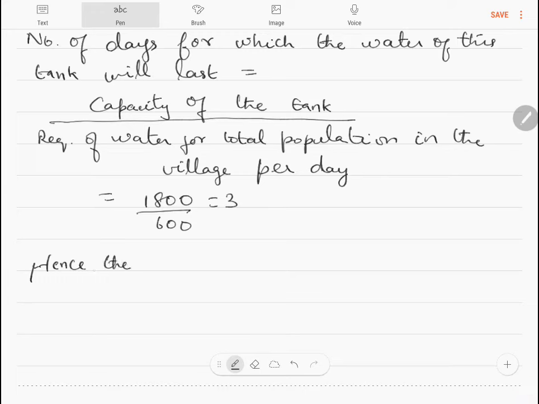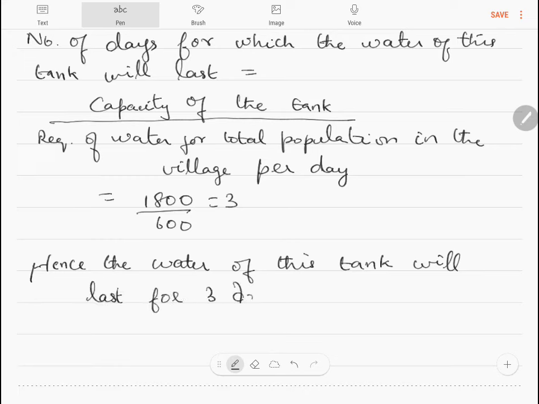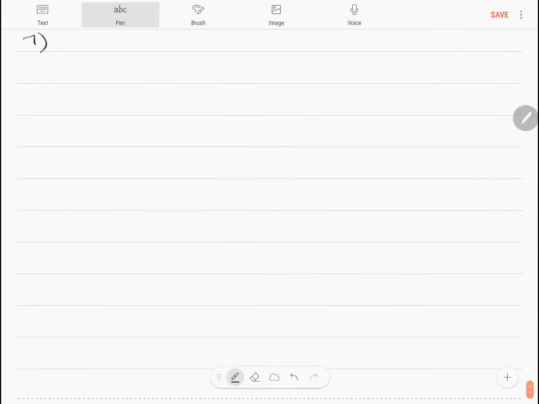Hence, the water of this tank will last for 3 days.